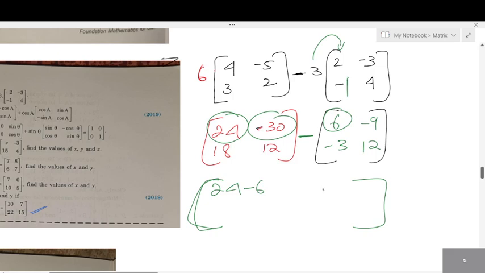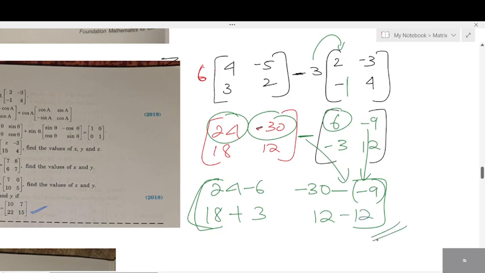Then the second element, what is second? Minus 30 into, not minus 9, this minus and this minus, right? Plus 9. Next, 18 minus 12 minus 12. This is normal calculation. We just take one element and one element.